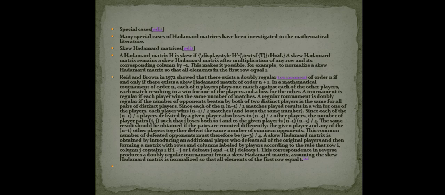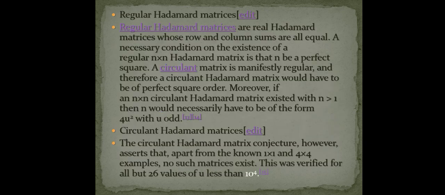The correspondence in reverse produces a doubly regular tournament from a skew Hadamard matrix, assuming the skew Hadamard matrix is normalized so that all elements of the first row equal 1.